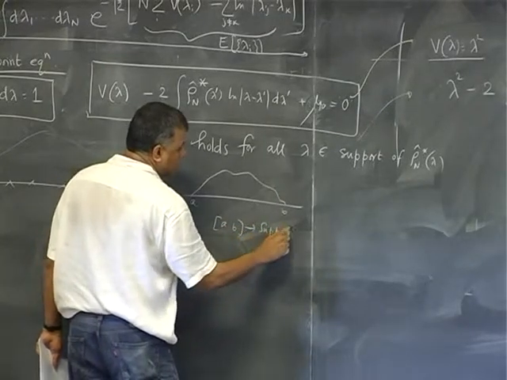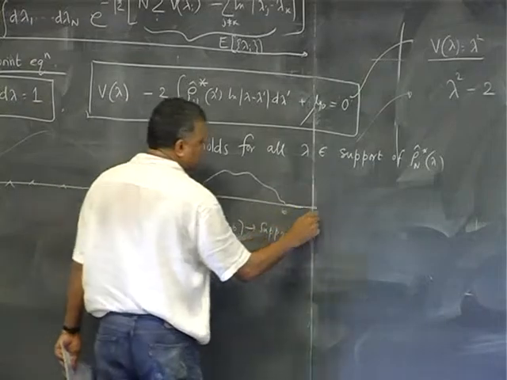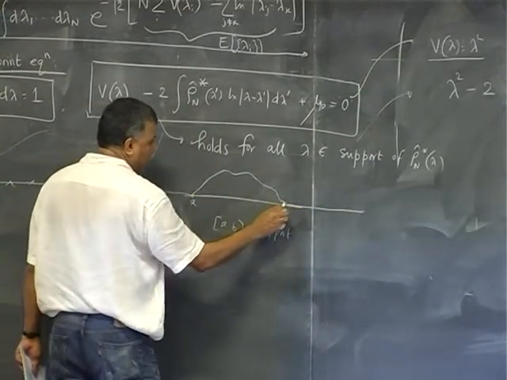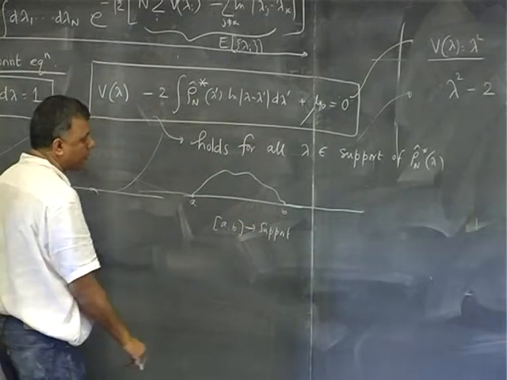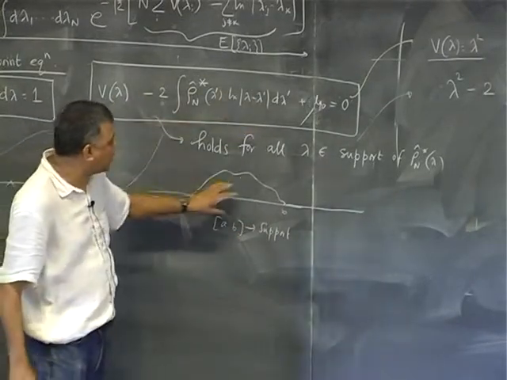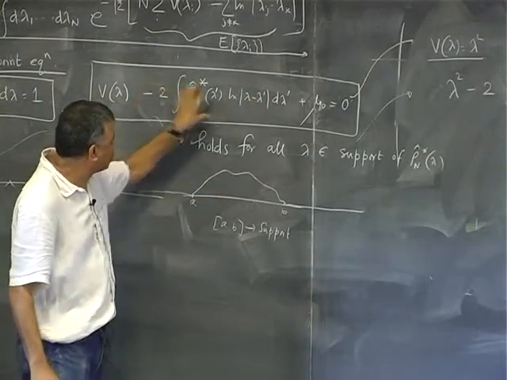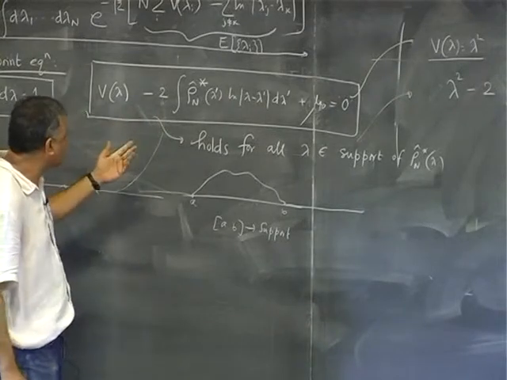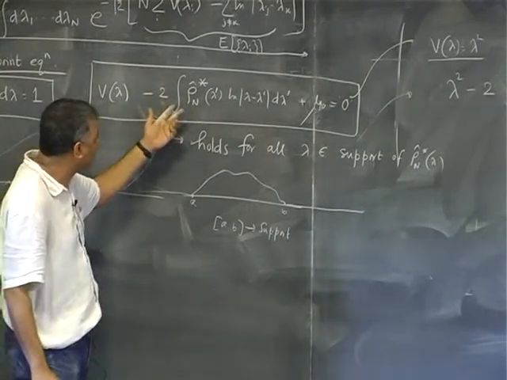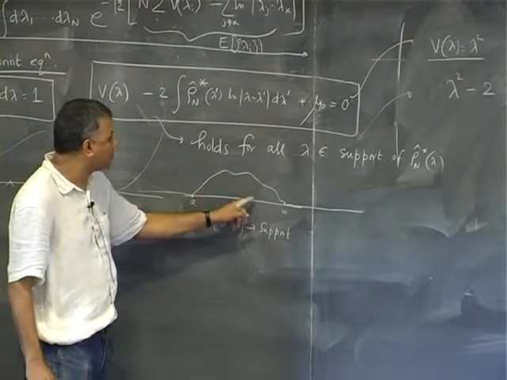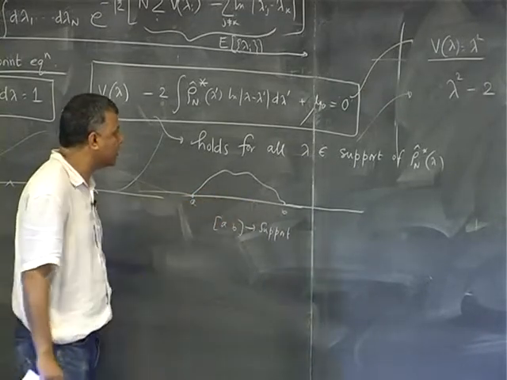You can think of a function which is non-zero here and becomes exactly zero outside; then we say the support is a to b. This equation holds only on the support because we are doing a functional derivative with respect to rho n lambda, which is non-zero there.